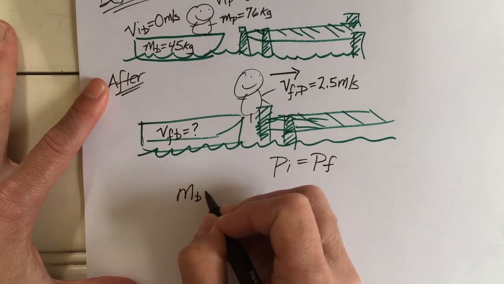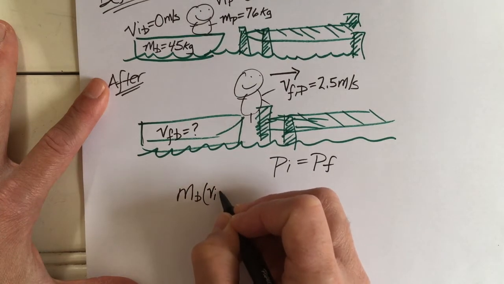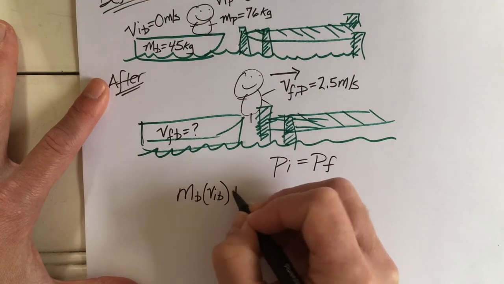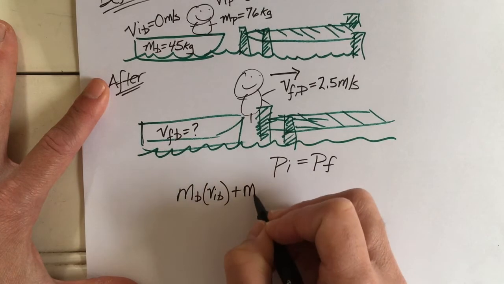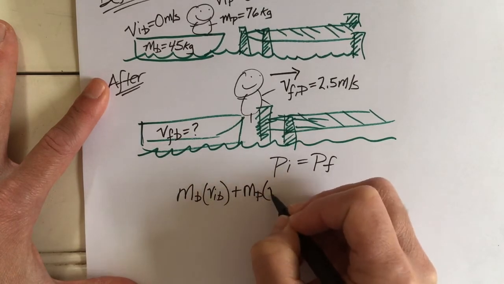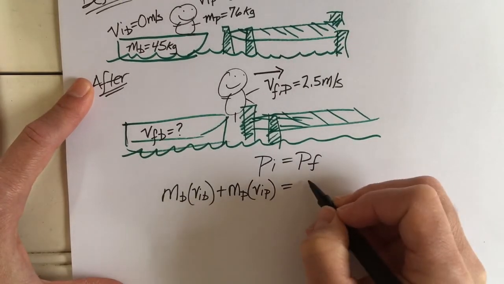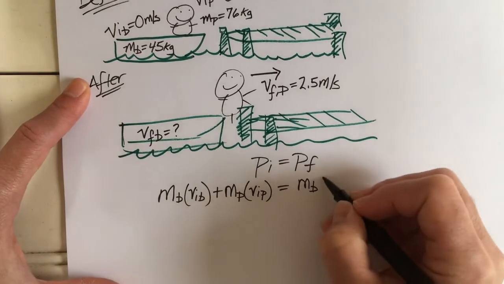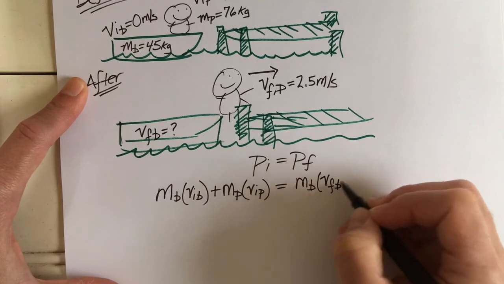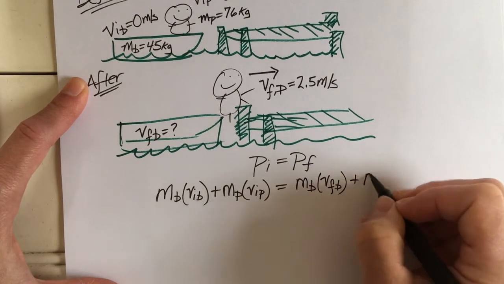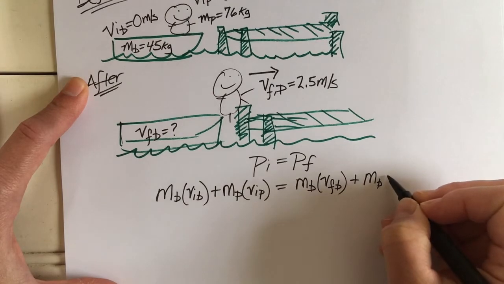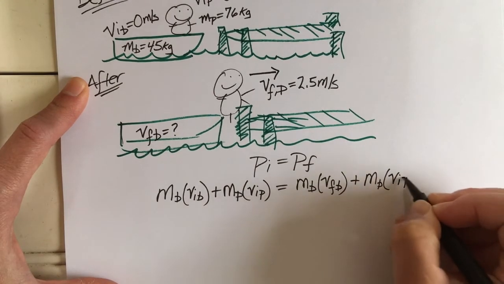Mass of the boat times velocity initial of the boat. We're going to add that to the mass of the person times the velocity initial of the person. And we're going to set that equal to the mass of the boat times the velocity final of the boat plus the mass of the person times the velocity final of the person.